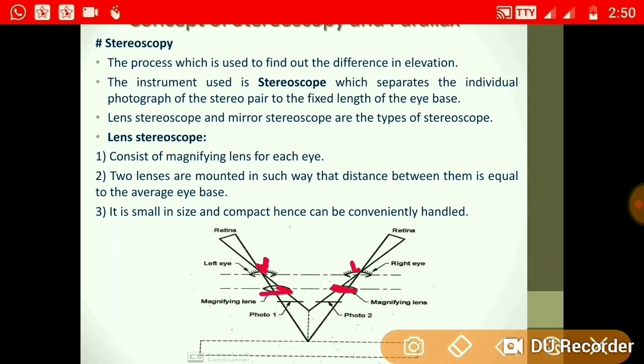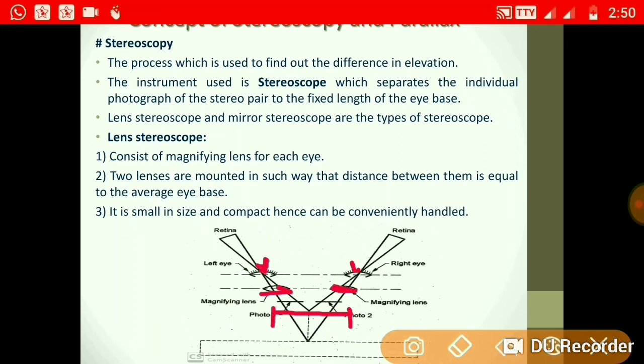Okay, so two lenses are mounted in such a way that the distance between them is nearly equal to the average eye base. Okay, so it is small in size and compact, hence can be conveniently handled.